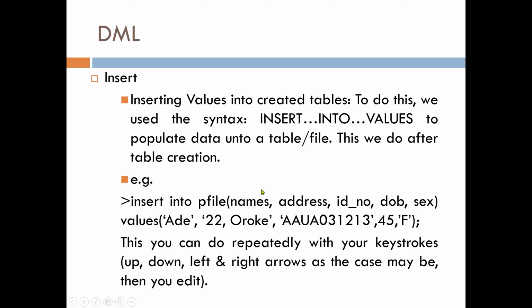Okay, and when you're adding values, remember that this is very literal. The order that you put those up there, you have to put the values in the same order. You can do it repeatedly using the up and down arrow keys, where you can edit them from there.